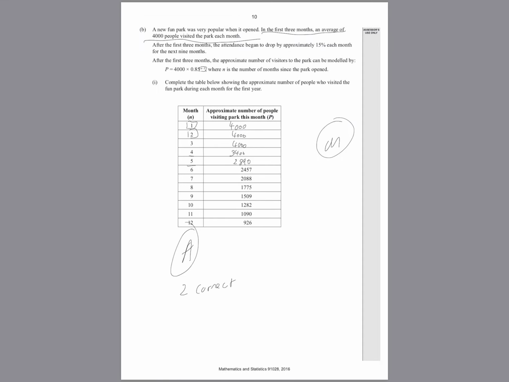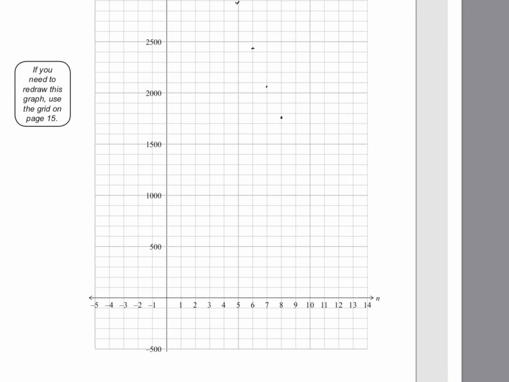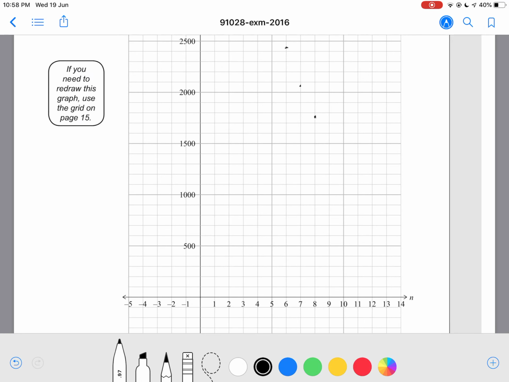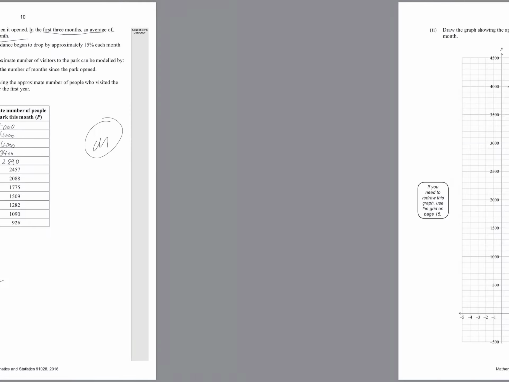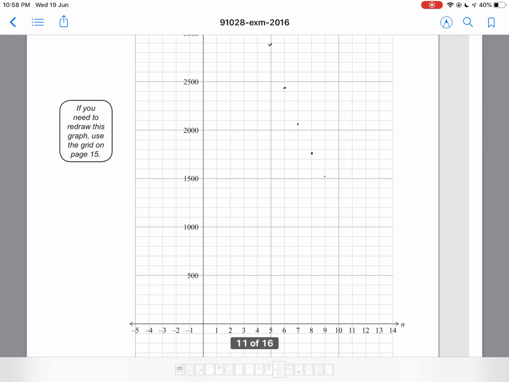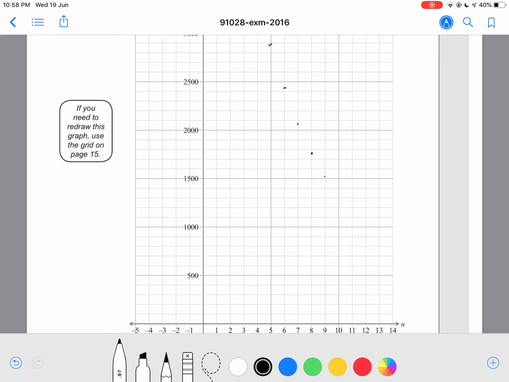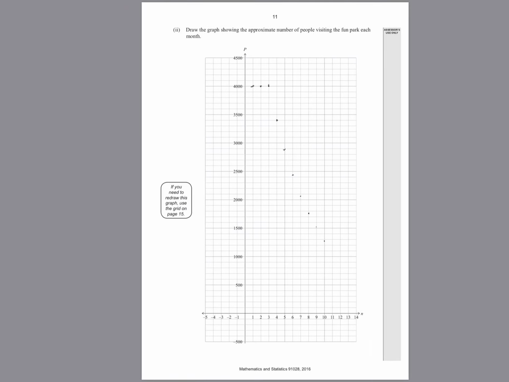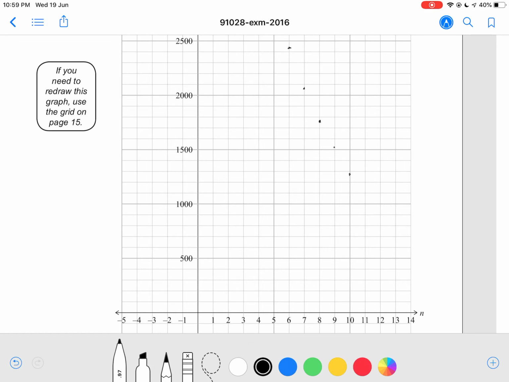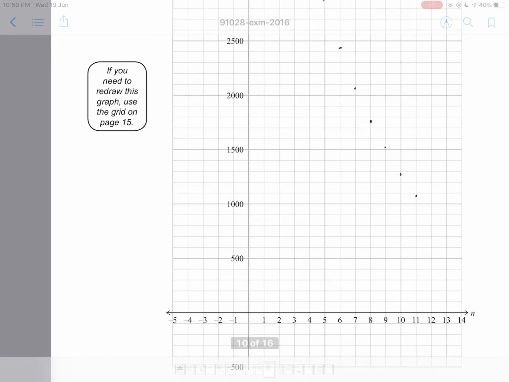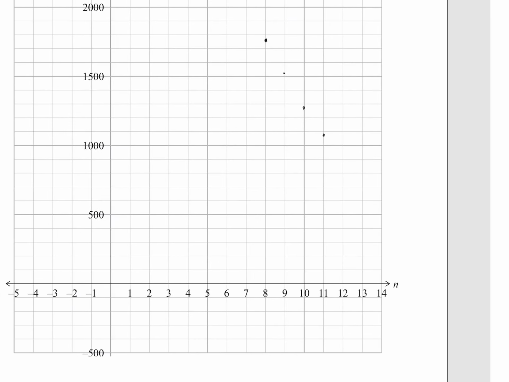Somewhere there. Then it drops to 1,509. Somewhere here. Then it will be dropping to 1,282. Then it drops to 1,090. And then finally it drops down to 926.